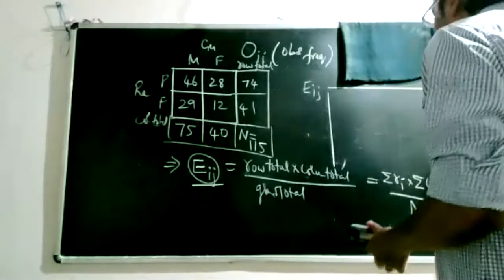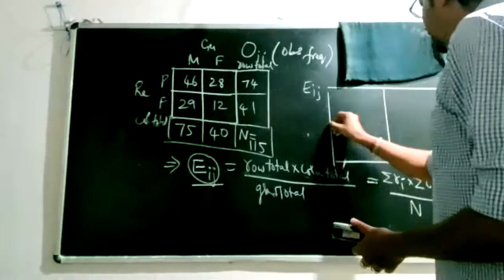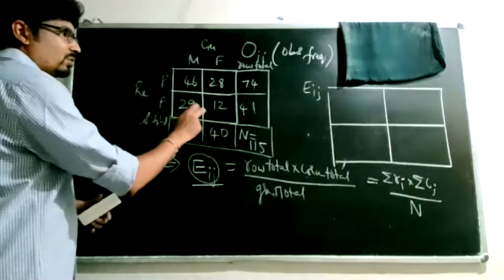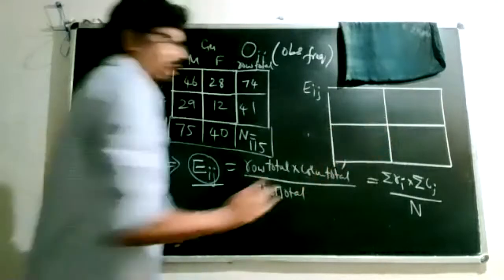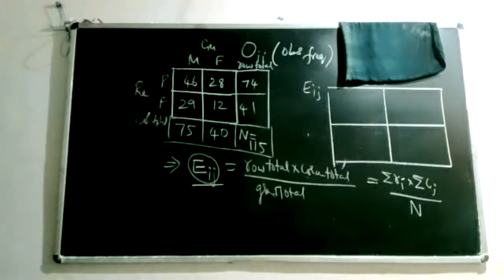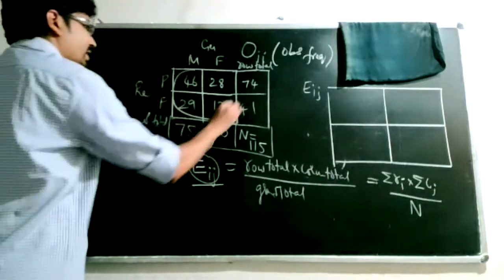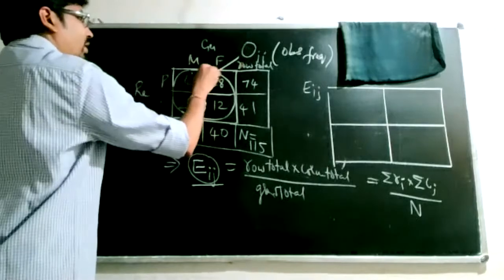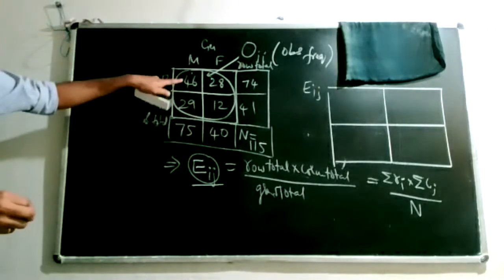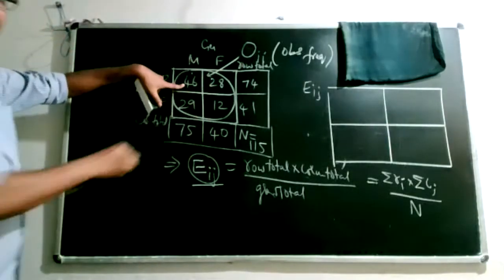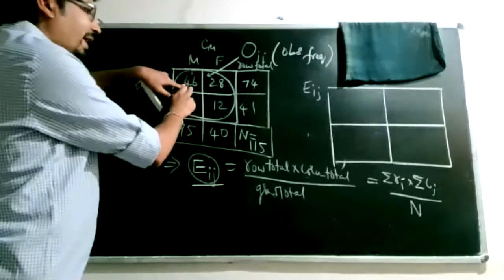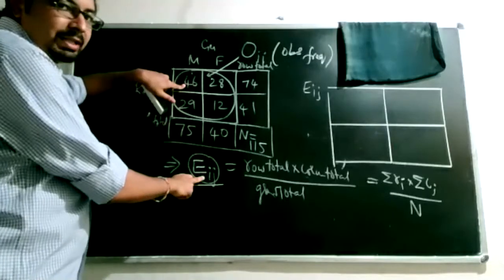And now create the table with the same number of cells. If I have given 4 values, 4 cells, 2 rows, 2 columns, just create 2 rows, 2 columns, and then obtain the Eij. So there are 4 Oijs, so there will be 4 Eijs. If I take the first Oij, which is 46, for that I have to compute Eij.